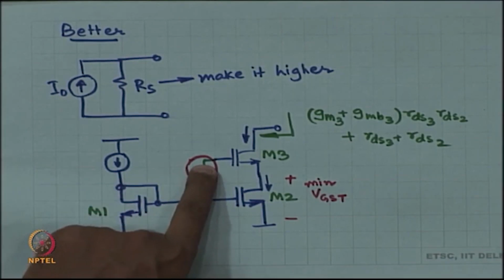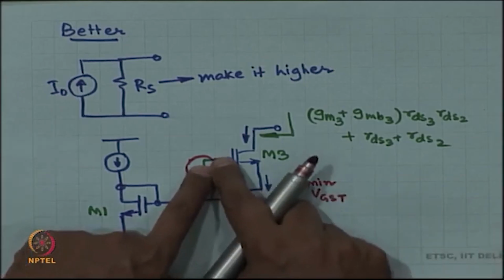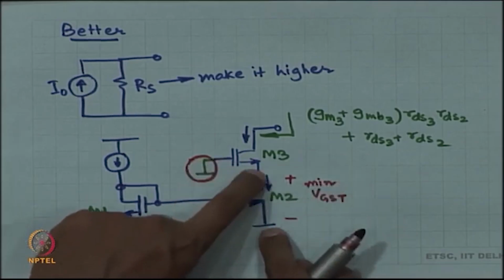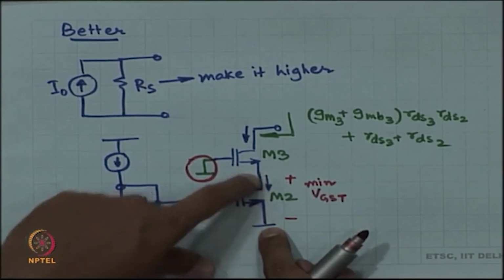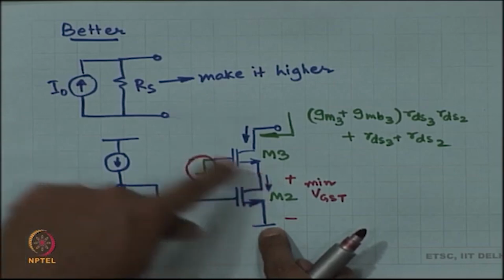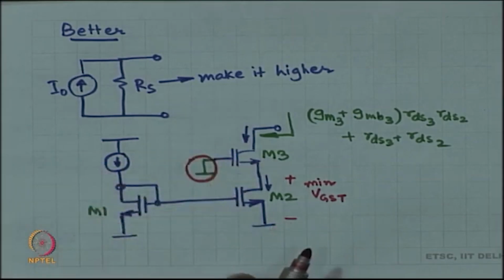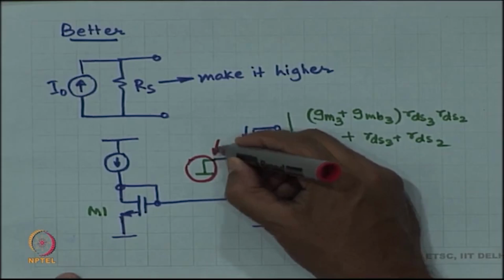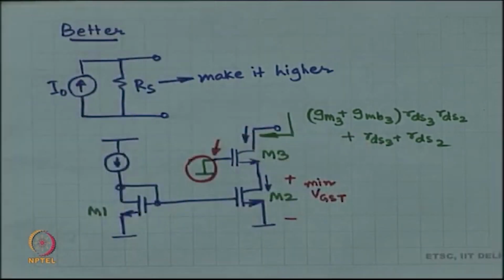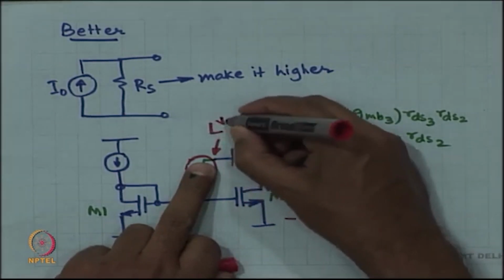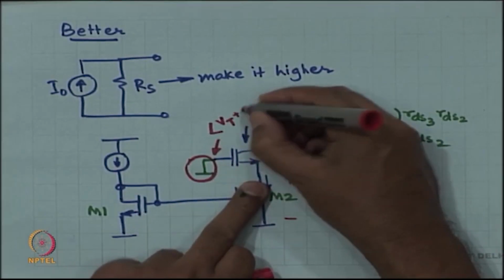So, this should be such that if I drop one VGS, then I have at least VGST. So, this node should be VGST plus VGST of M3 plus VT of M3. So, in other words, if I assume that all these devices are identical, VT is also identical, then this voltage should at least be VT plus 2 times VGST.